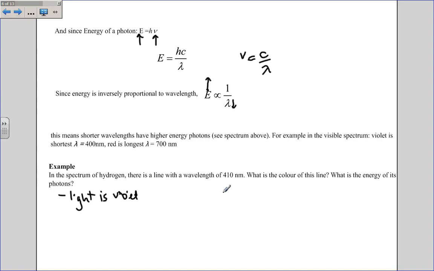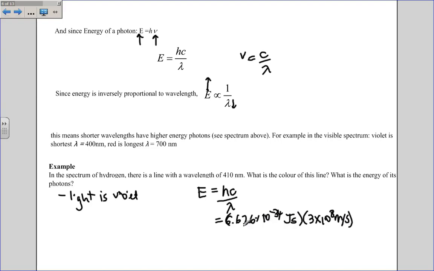To determine the energy of this line, we need to use our relationship E is equal to hc over lambda. H is Planck's constant, which is 6.626 times 10 to the negative 34 joules second. The speed of light is 3 times 10 to the 8 meters per second.